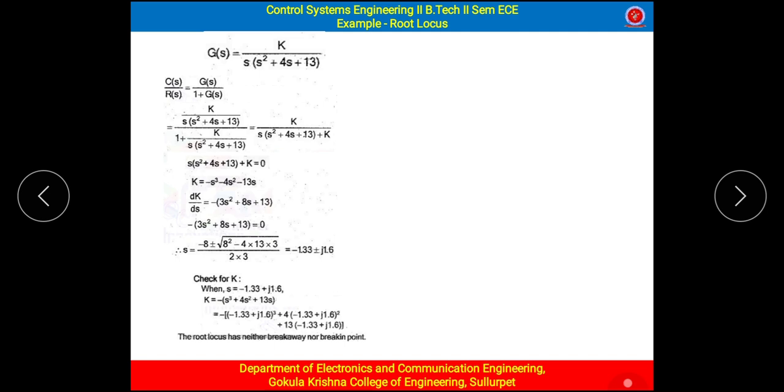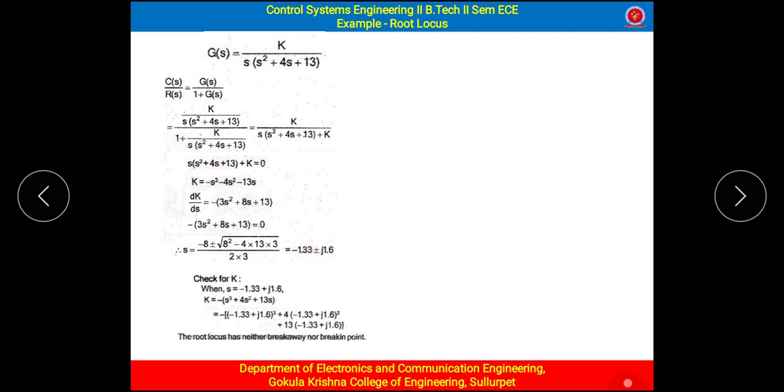We got two values for s. Then we have the expression for k: minus s cube minus 4s square minus 13s. Now you substitute these two values.